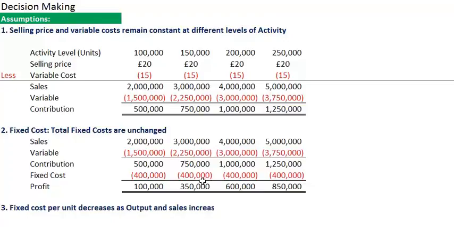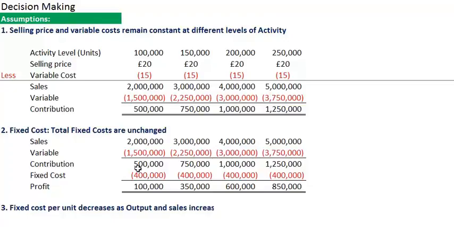You can see, as we have earlier multiplied 100,000 units by 20 pounds per unit, we get sales revenue of 2 million. When we multiply 100,000 units by 15 pounds per unit variable cost, we got 1.5 million of variable cost.